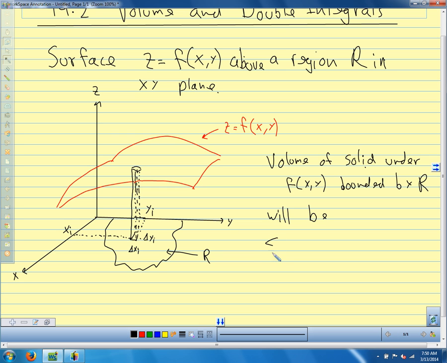So we're going to sum as i equals 1 to n f of x sub i, y sub i.